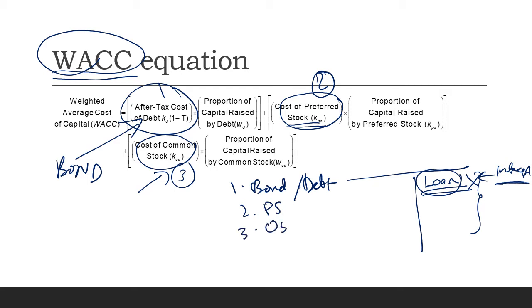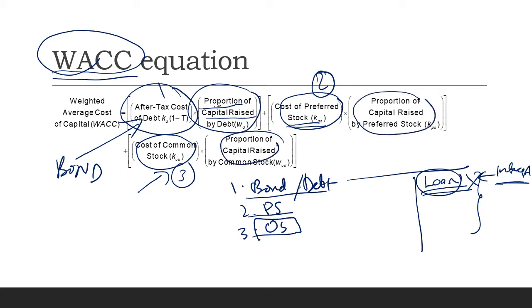So the weighted average cost of capital is basically you multiply the cost of each of these components by its weightage, the proportion of capital raised by the debt. If you add up all these proportions, it should come to 1.0.